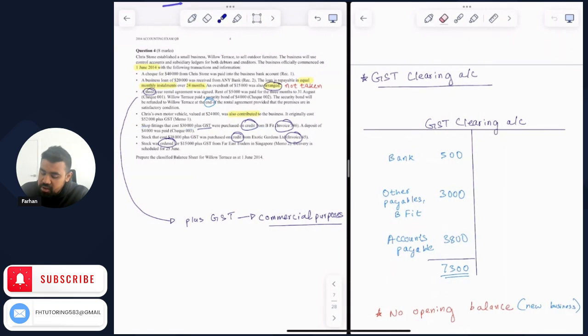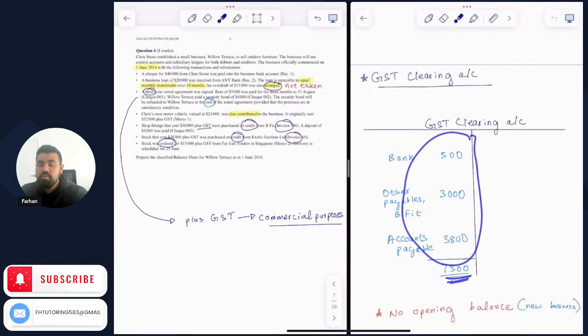So that GST of $3,000 is also going to reduce the obligation, and therefore this is reported on the debit side. And then we have purchased inventory on the second last transaction of $38,000. And the GST on that would be $3,800, and that is required to be paid to our credit suppliers eventually. All right. So altogether, we would be paying total GST of $7,300.